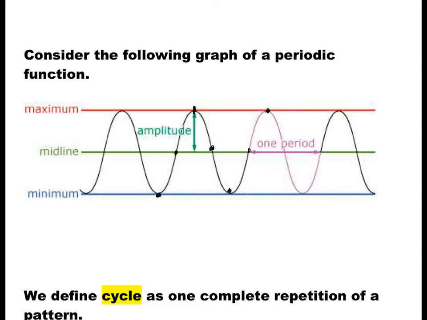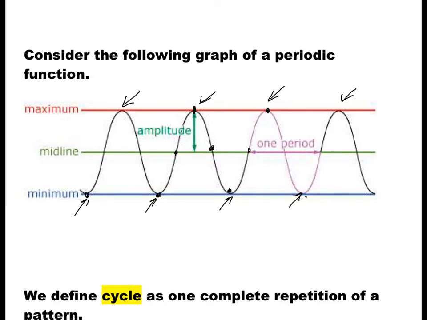This is what we call a periodic function. It's just repeating itself. Now, all these points we call the maximum of the function. All these points we call the minimum of the function.